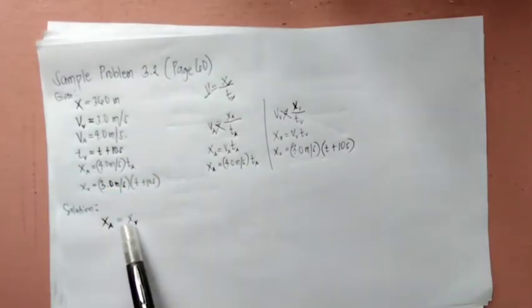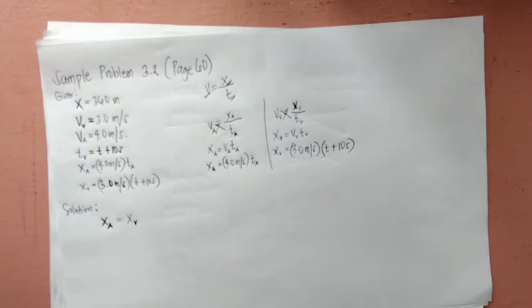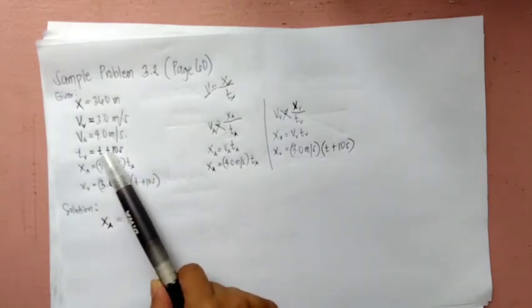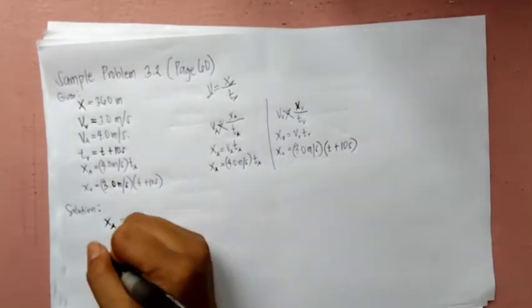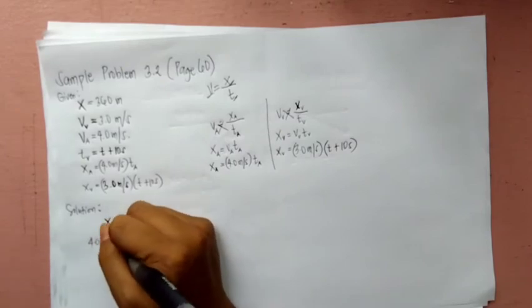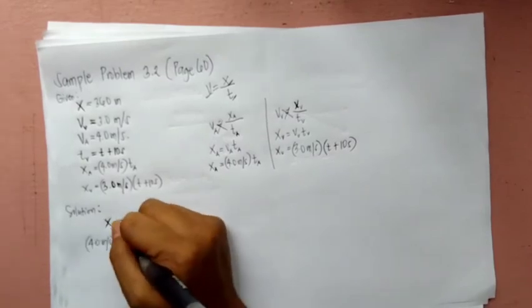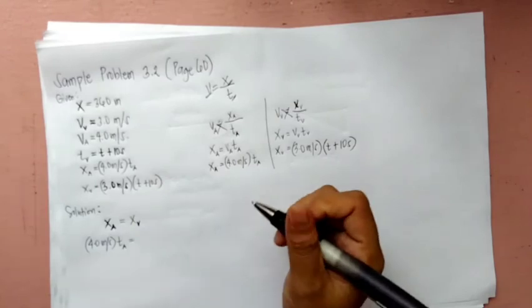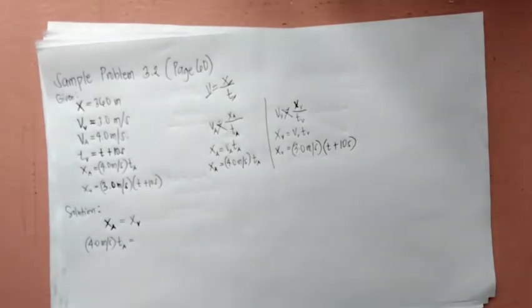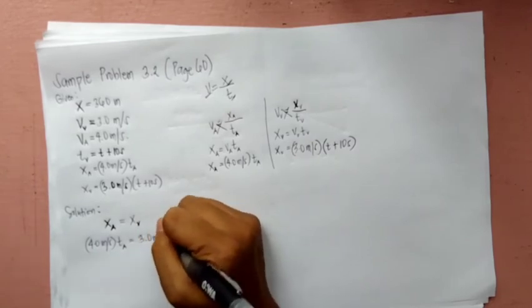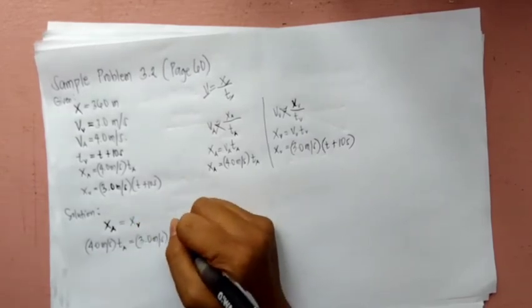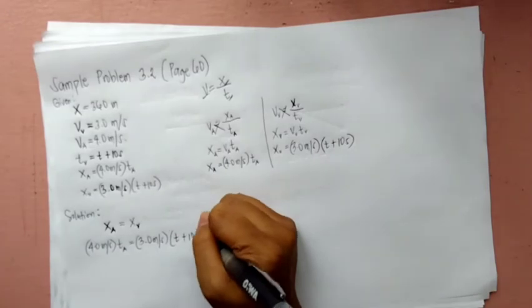Then the next step is simply to substitute the value of x sub A and the value of x sub V. X sub A is 4 meters per second times t sub A, and x sub V is 3 meters per second times t plus 10 s.